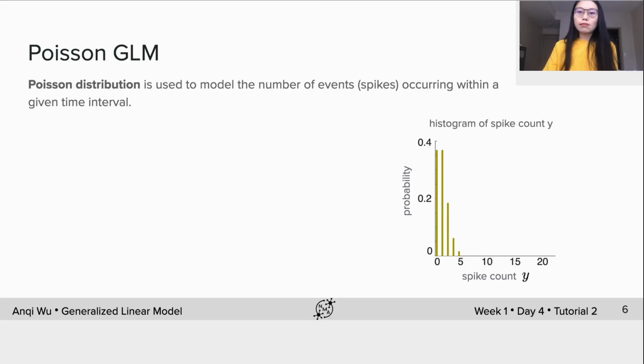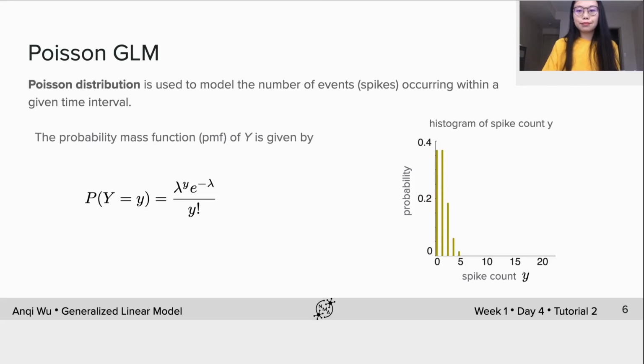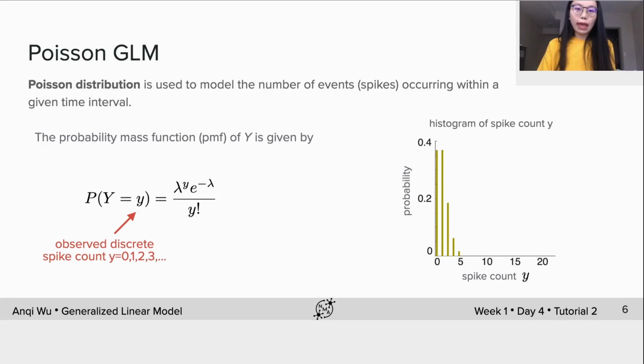The probability mass function is given by this form. Small y is the observed discrete spike count. Lambda is an unknown parameter defining the function. It has to be larger than 0. And notice that the denominator y factorial doesn't include lambda here.